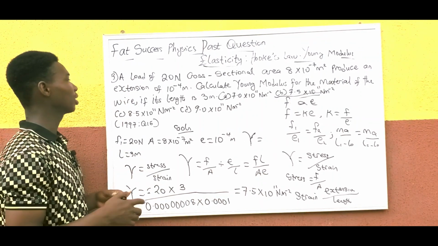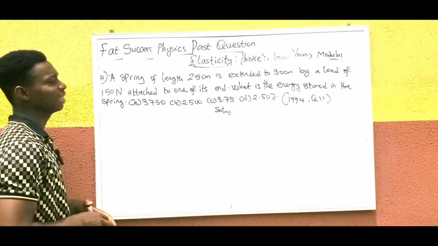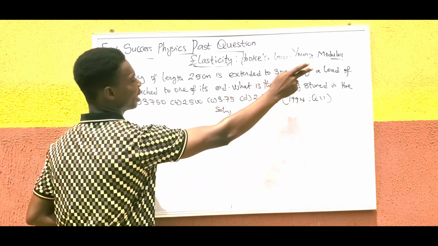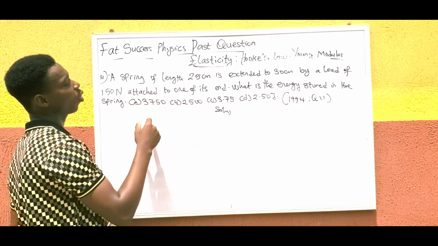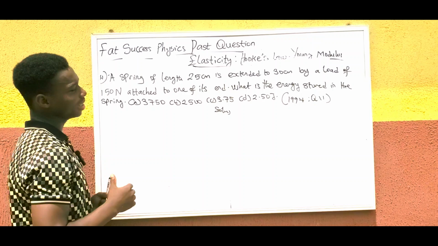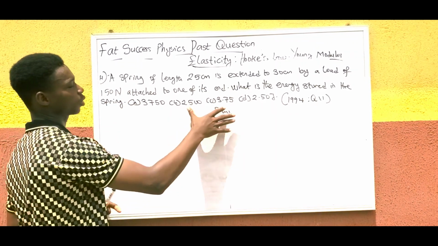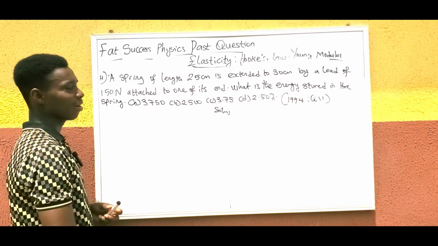So we have the fourth question: a spring of length 25 centimeter is extended to 30 centimeter by a load of 150 Newton attached to one of its ends. What is the energy stored in the spring? We have our options as this. Past question 1994, question 11.